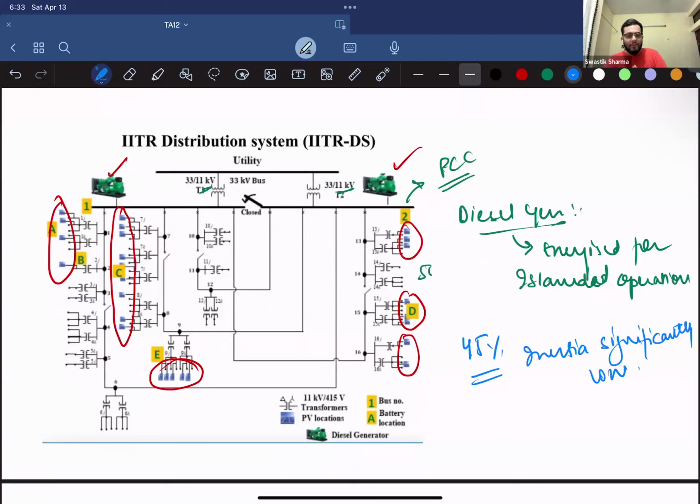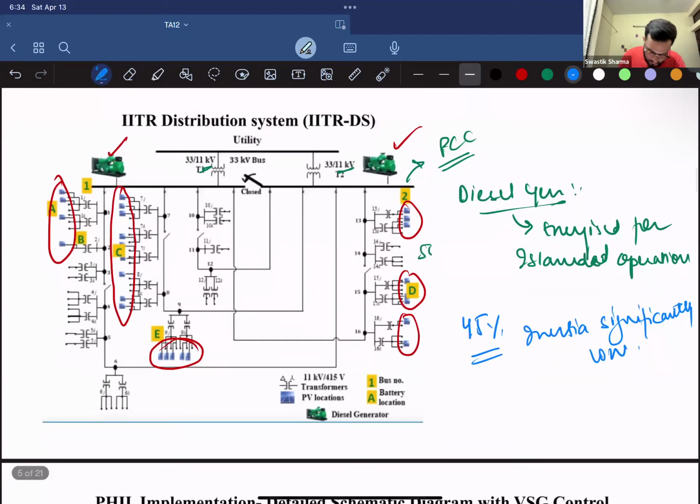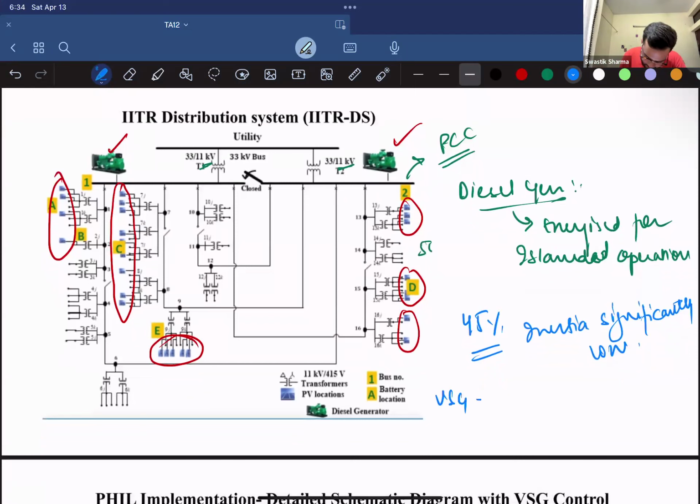Okay. And now for this, if the inertia is significantly low, what they want is to increase this inertia, to get virtual inertia into the system. This virtual inertia could come from virtual synchronous generators. This VSG is something that they propose as a grid supporting unit.